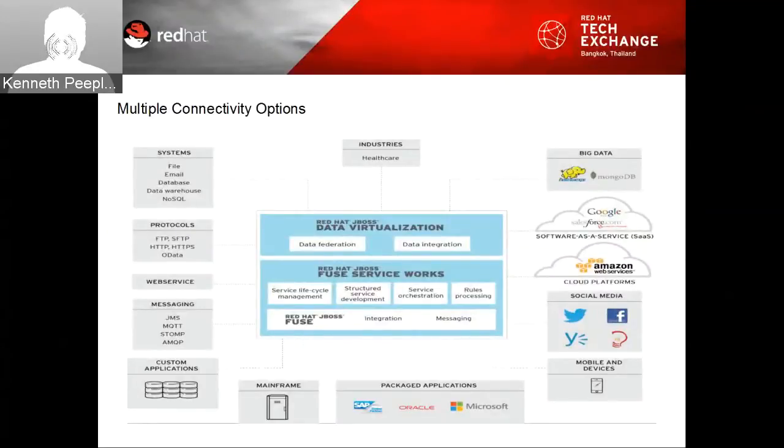So this slide I wanted to show for the multiple connectivity options. So when we talk about data virtualization, Fuse ServiceWorks, Fuse, and AMQ, using those products in the integration product line, you have the multiple connectivity options and a connected enterprise.